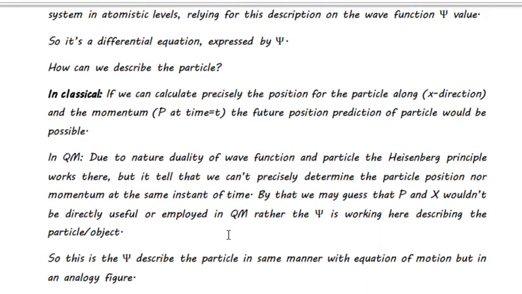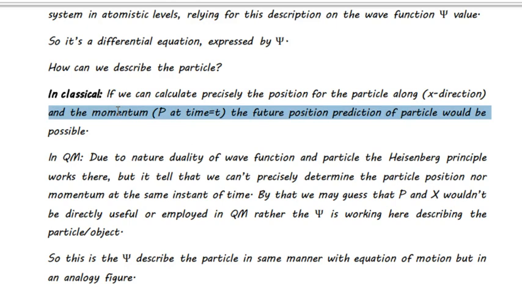So how can we describe the particle in classical or quantum mechanics? As we noted before, in classical mechanics, we can calculate precisely the position of the particle along the x direction. Suppose there's an atom or electron moving in the x direction, and we can determine that particle's position and its momentum at a specific time, suppose any time, like time t.